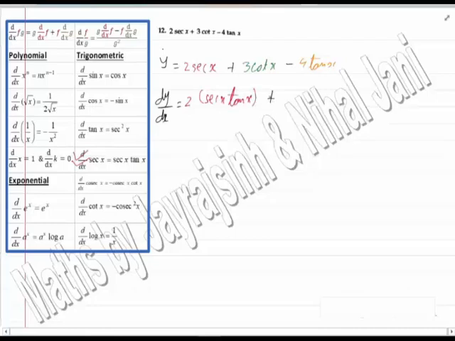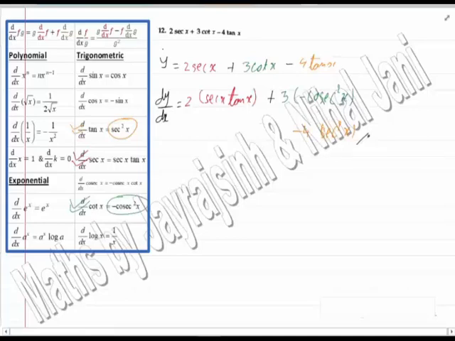Okay, let's move to the second term. 3 is the constant term, we just have to differentiate cot x, and here the differentiation of cot x is minus cosec square x. And in the last term, minus 4 is constant, and differentiation of tan x is sec square x. Ta-da!